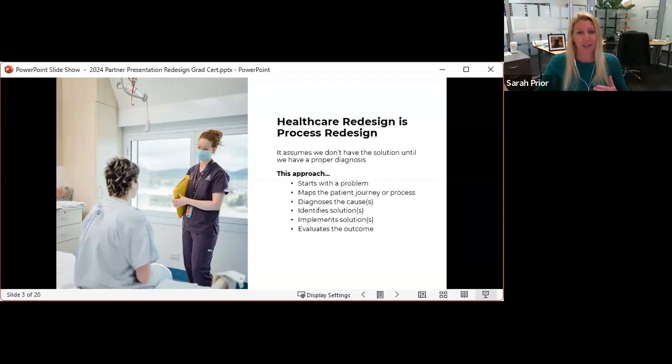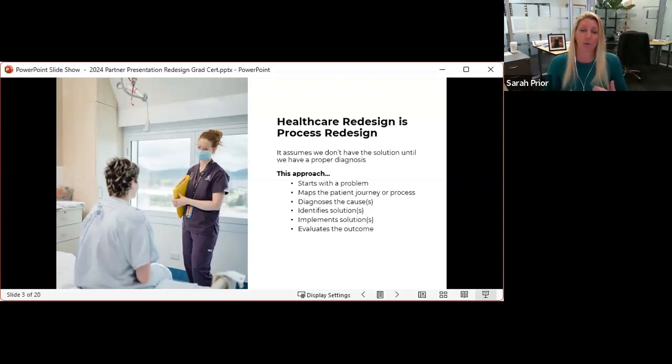So healthcare redesign assumes that we don't actually have a solution to a problem. So redesign has 5 distinct phases where we start with identifying what the problem is or what the problems are, and then mapping the processes around those problems. So that might include something like the patient journey or mapping administrative processes.